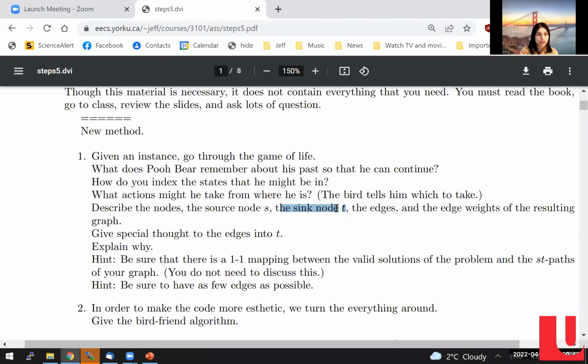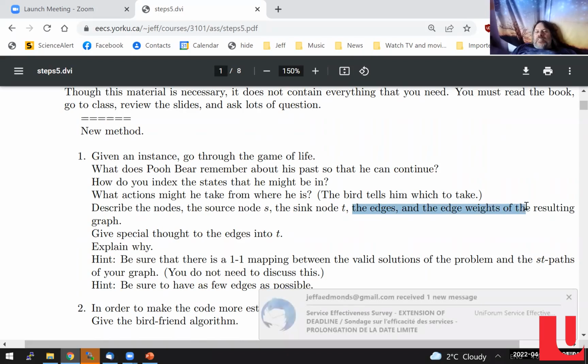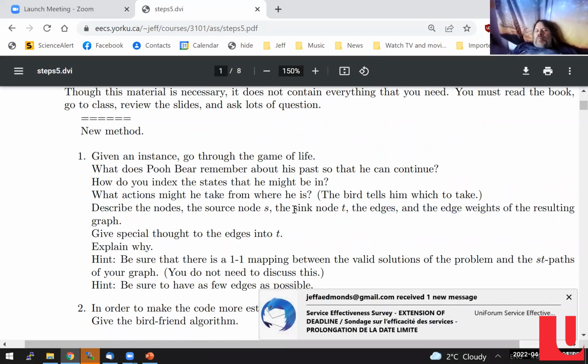And then there's one edge to T. Yeah, exactly. I have it in this order, but when I wrote up my answer, I described the nodes, I described S, and then I described generic edges, so we kind of understand the graph. And then at the end, I talked about having a single T and what edges will come into it.